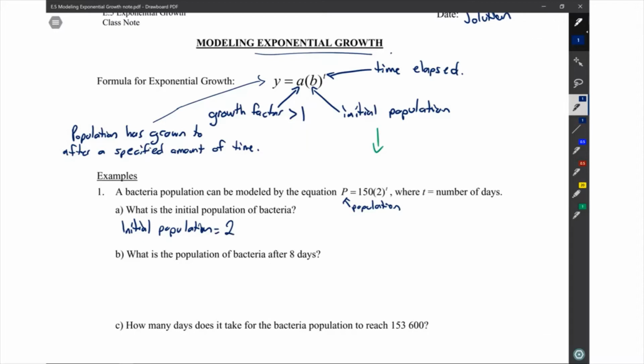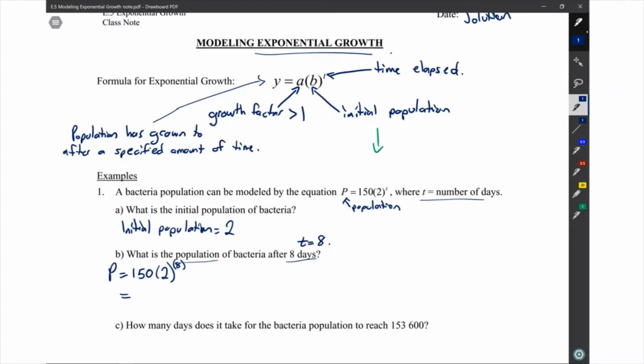Now, what would be the population of the bacteria after 8 days? I know t is the number of days, so t equals 8. And I know my equation is P equals 150 times 2 to the power of t, and here we're going to put to the power of 8. So I can put that into my calculator right away.